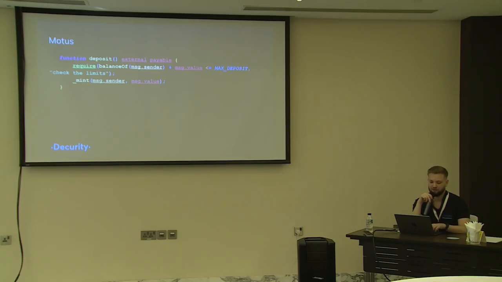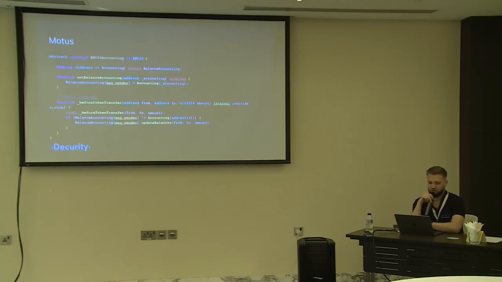in this task we could just make another deposit, because as you see, it reads the current balance before this transfer was made. So the flow is that we firstly set our malicious contract as the balance accounting contract.